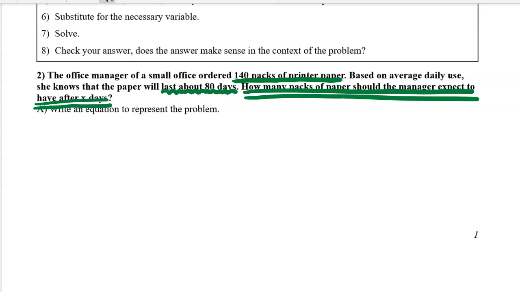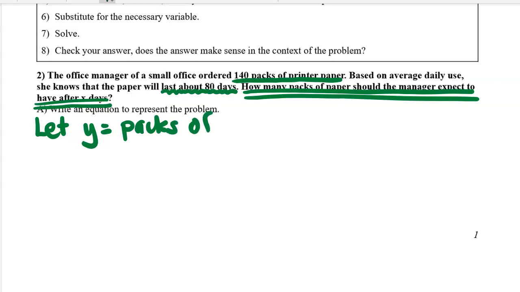Okay, we want to write an equation. Part A says write an equation to represent the problem. You can remember in math there are many ways to approach the same question, but we need to define variables. We can use X and we can use Y, or we can use P for paper and D for days. It doesn't really matter. So for us, we can say let Y equals packs of printer paper used.